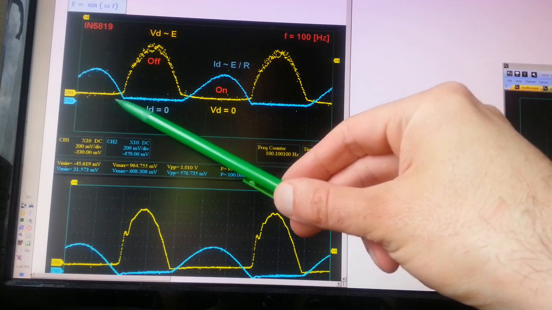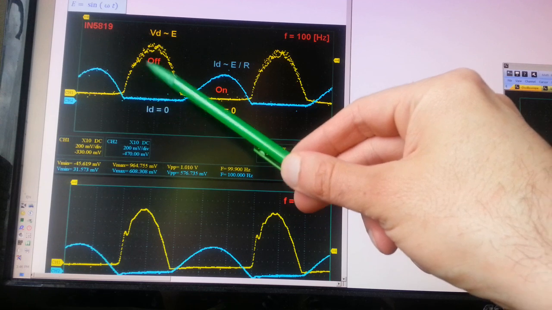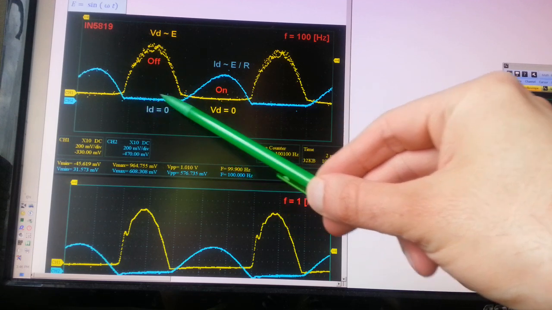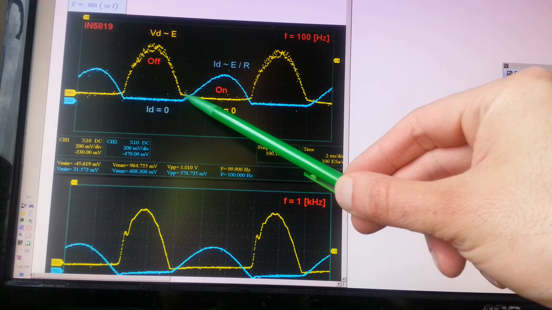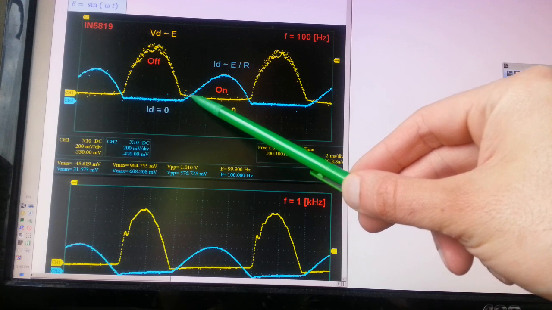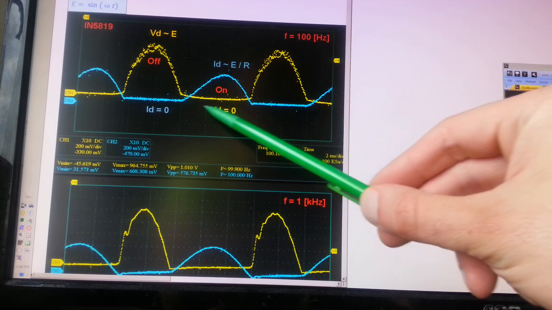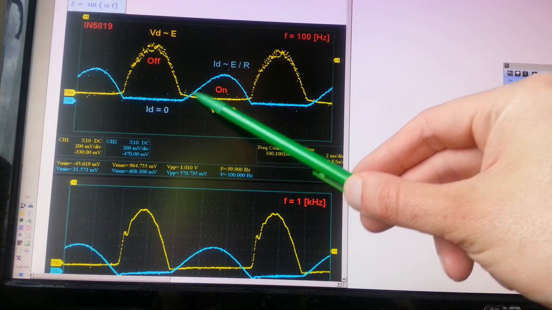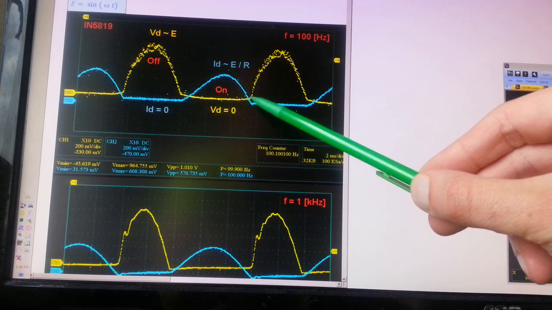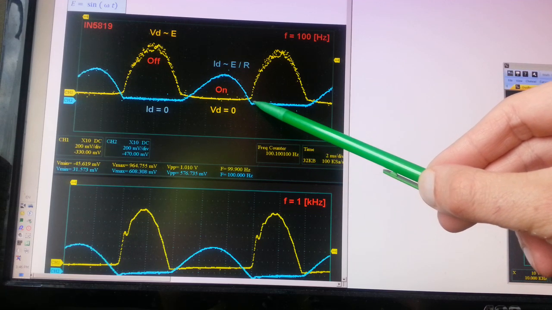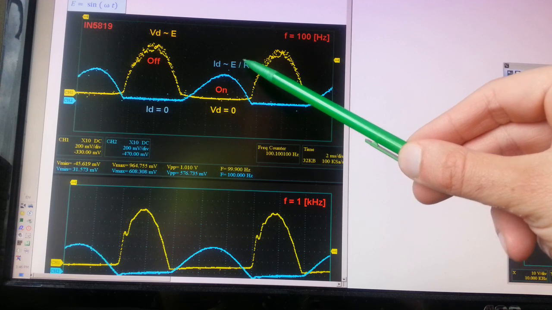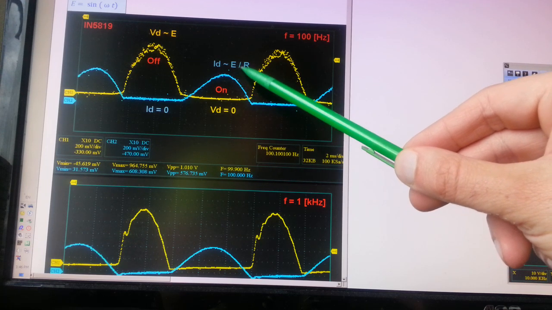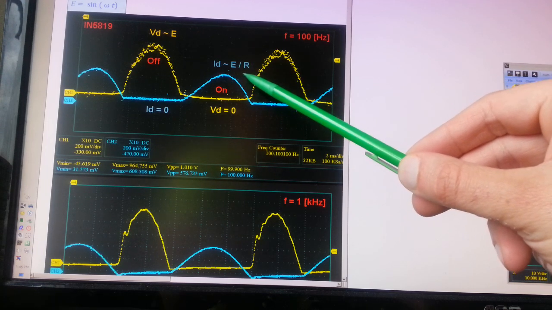And the current is the opposite. When the diode is off, we have zero current. It does not conduct any current. When the diode is on, the yellow line is close to zero, and we have the current, again repeating the shape of the applied voltage divided by the resistance in the circuit.